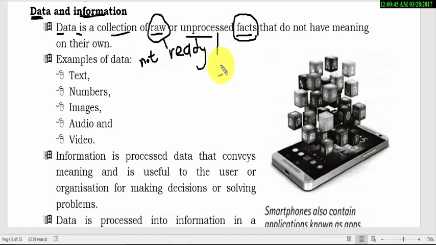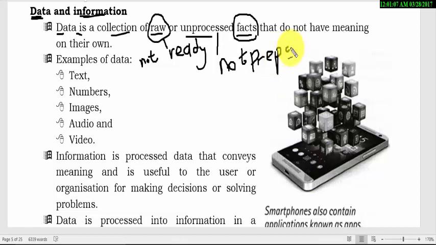We are saying something is not ready or unprocessed. In this case, we may use the words not prepared. So data is a collection of work which is not prepared or not ready.